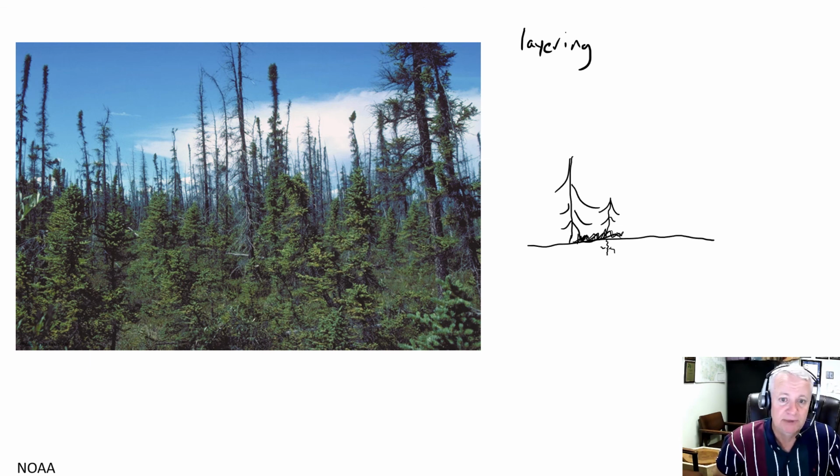So a lot of these vegetative reproduction mechanisms are likely evolved to situations where reproduction by seed is not possible or is less likely. So, nature finds a way, evolution finds a way. In this case, vegetative reproduction.